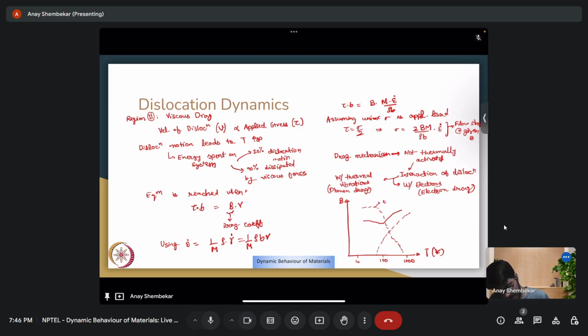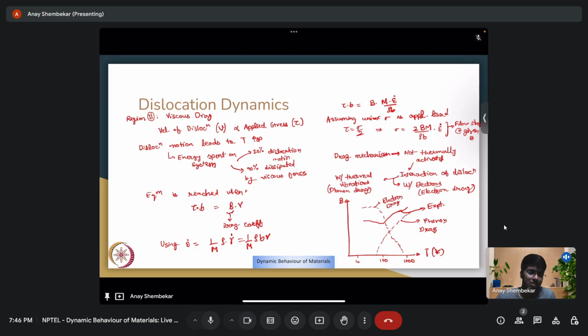This is electron drag theory. This is phonon viscosity, phonon drag, and this is experiment. The experiment was done by Parameswaran and Wiltman on aluminium.